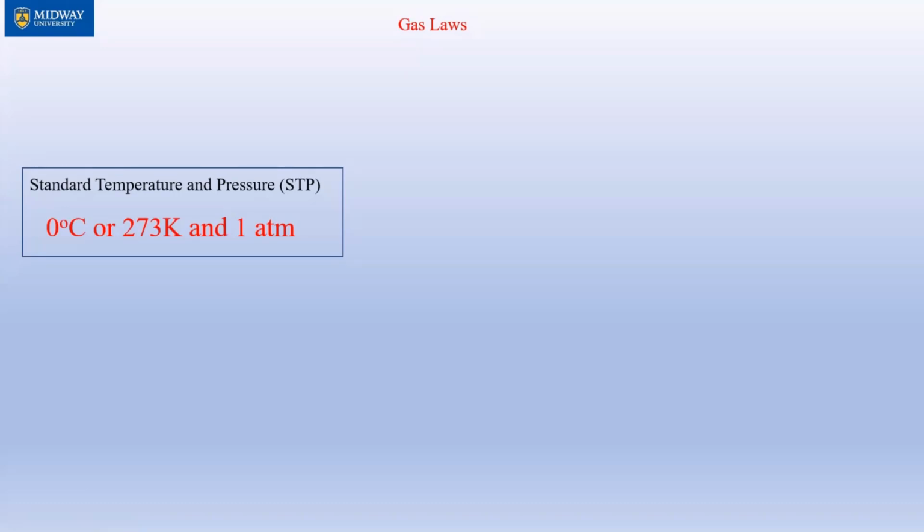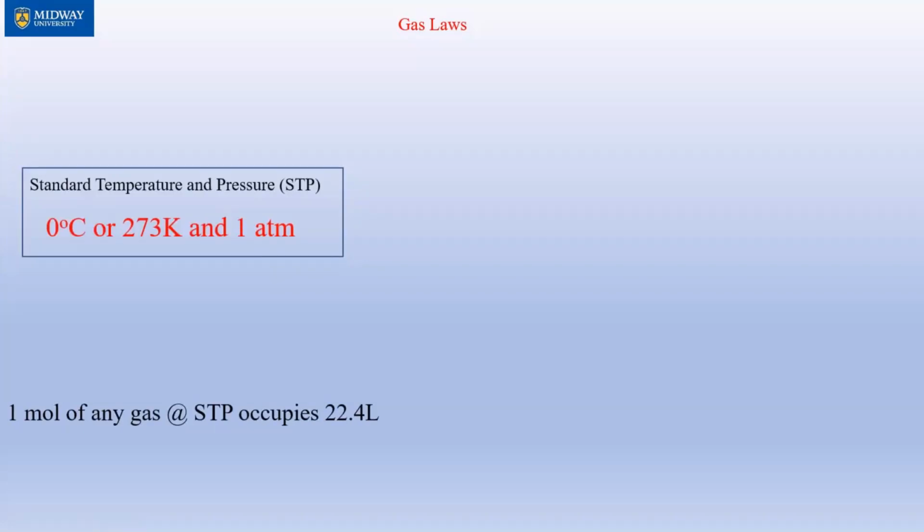Standard temperature and pressure is either 0 degrees, or if you add 0 to 273, you get 273 Kelvin, and 1 atmosphere, okay? And then 1 mole of any gas, irrespective of the identity of the gas, 1 mole of any gas at STP occupies 22.4 liters.